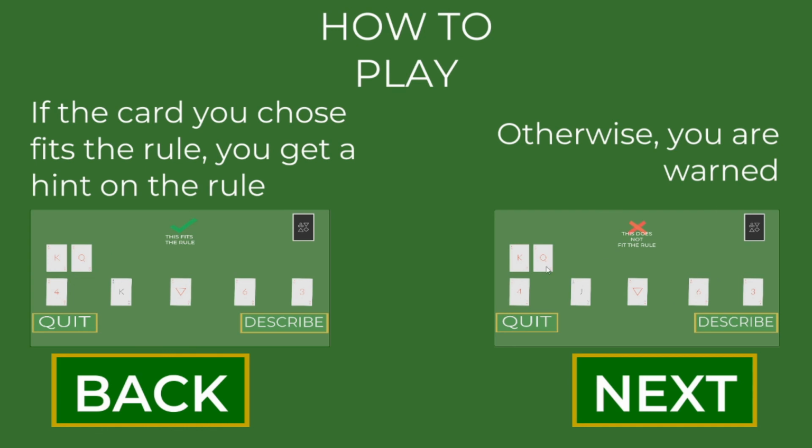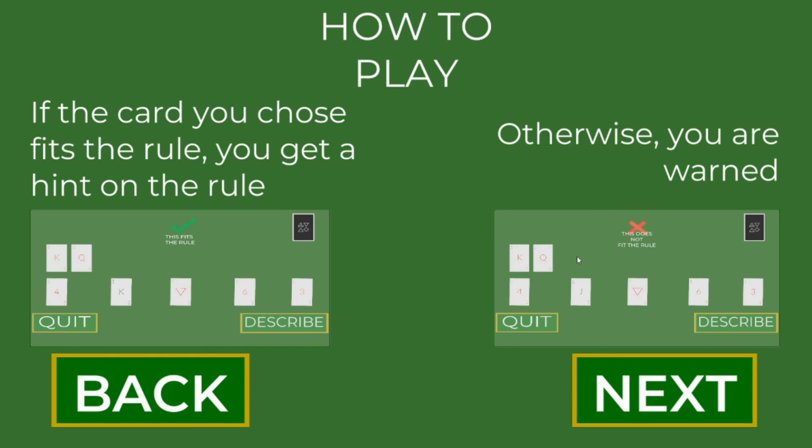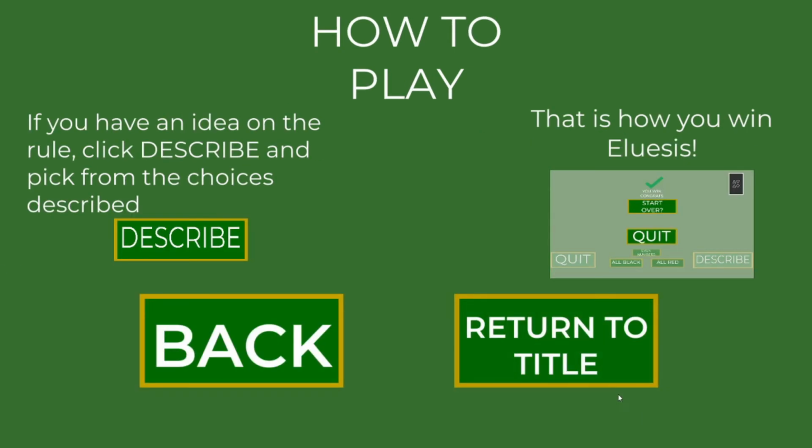If it's wrong, it doesn't pop up, and a warning says this does not fit the rule. You could play as many cards as you want, and once you have a good idea of what the rule is, which is seen by the top row, there's a pattern that you have to identify. Just click describe and then pick from the choices the buttons that are shown.